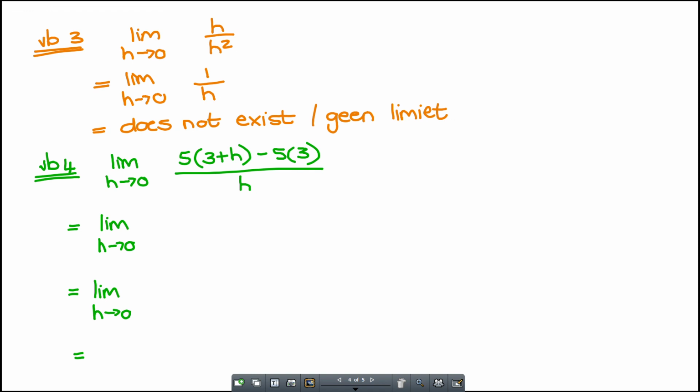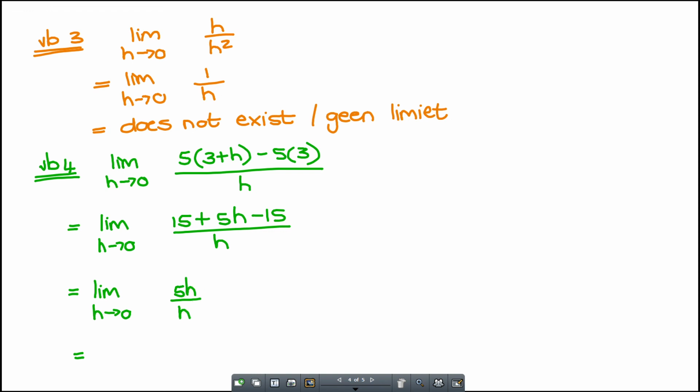Okay, so we multiply in. So I'm going to have 15 plus 5h minus 15 over h. Okay, now this 15 minus 15 gaan uitkanselleer. So ek gaan net hê 5h op h. And what's going to happen? The h's are going to cancel out.